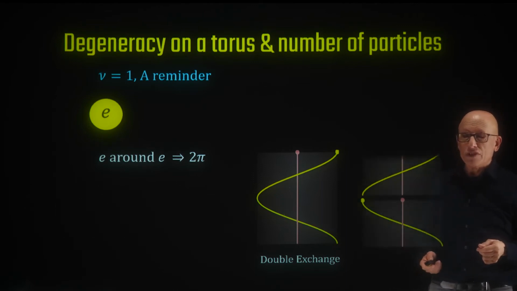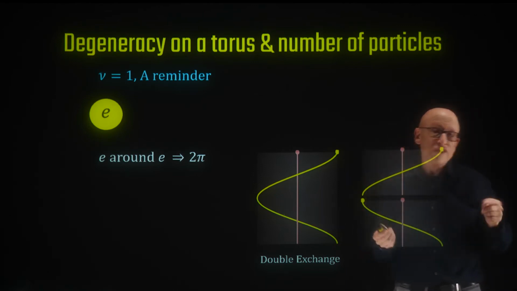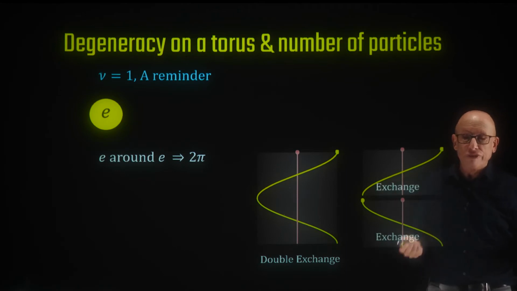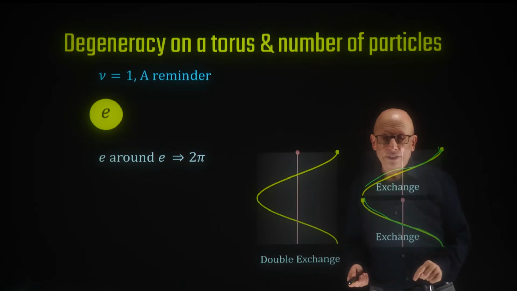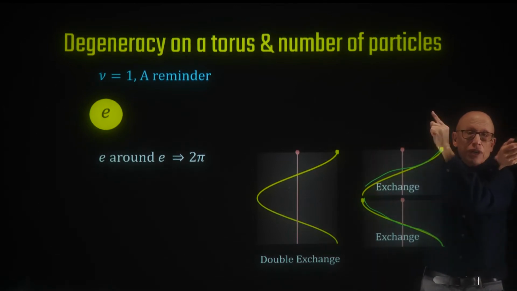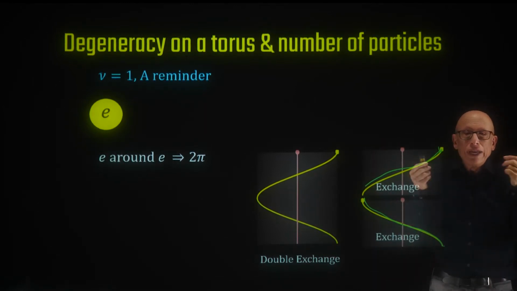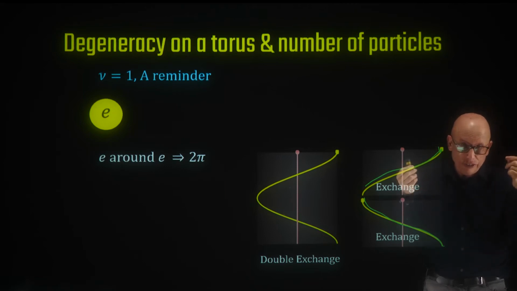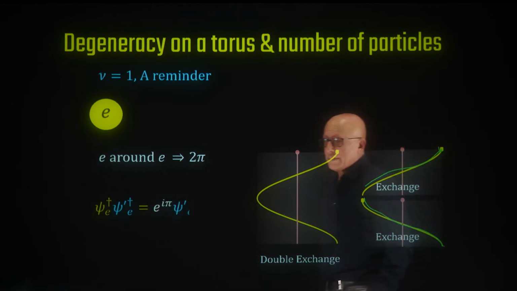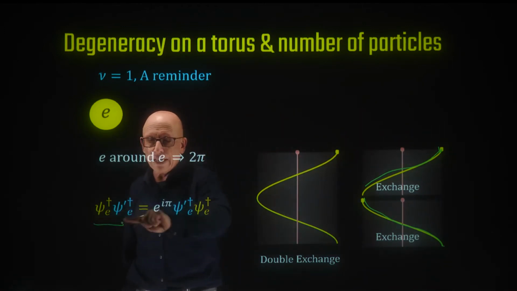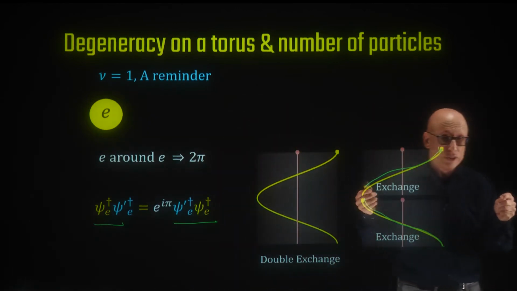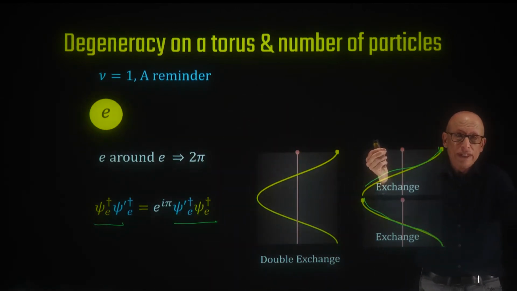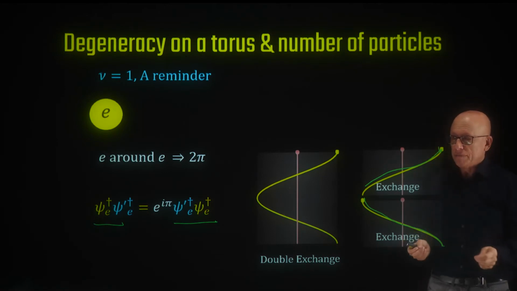We can understand this 2 pi because a full winding is just two processes of exchange: one exchange this way and one exchange that way, and again one this way and one that way. When we exchange fermions, we get a phase factor of pi. We express this phase factor of pi by looking at the anti-commutation relations of the electronic creation operator at two different points, and then interchanging these two points.